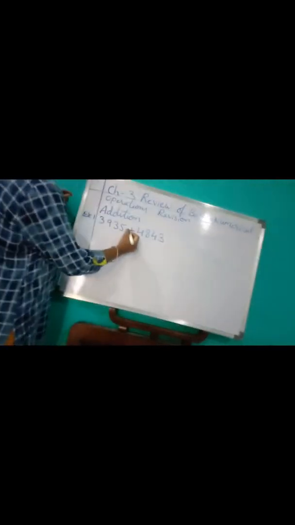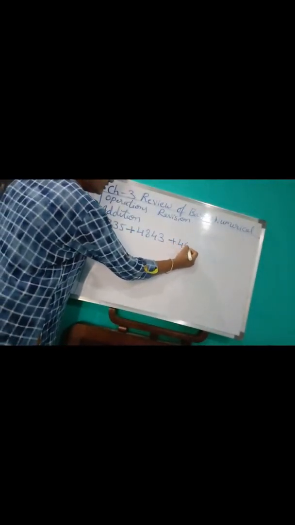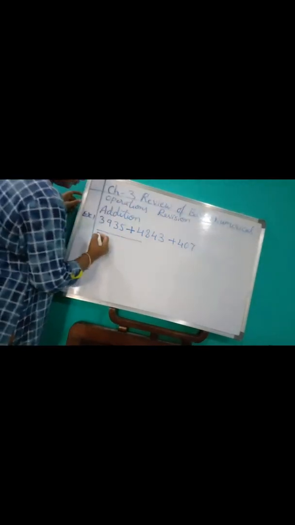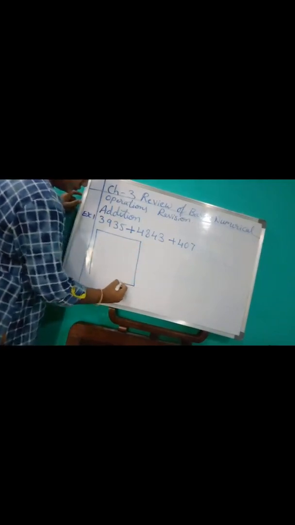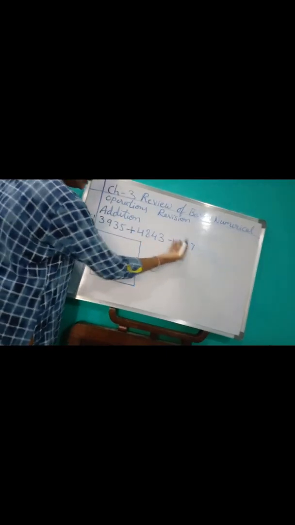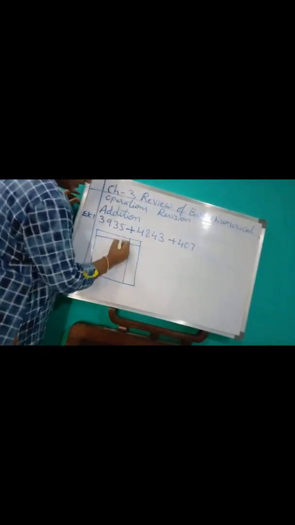See children, what you have to do? You should arrange in the place value chart. See once, here 4 digit, here 4 digit, here 3 digit.